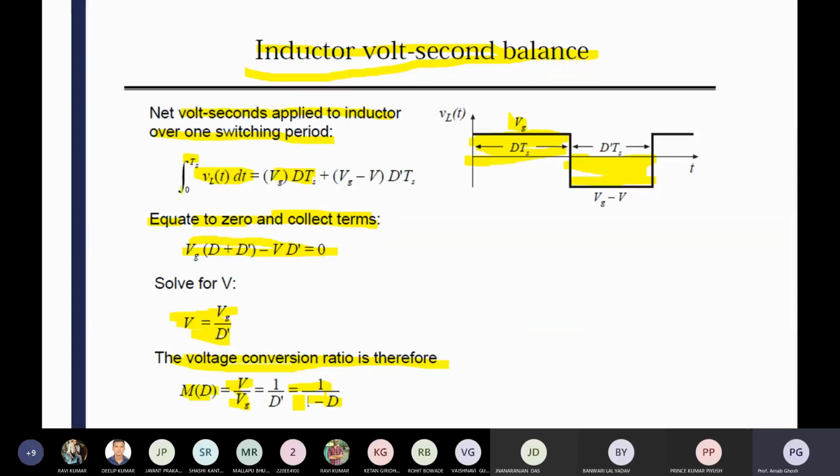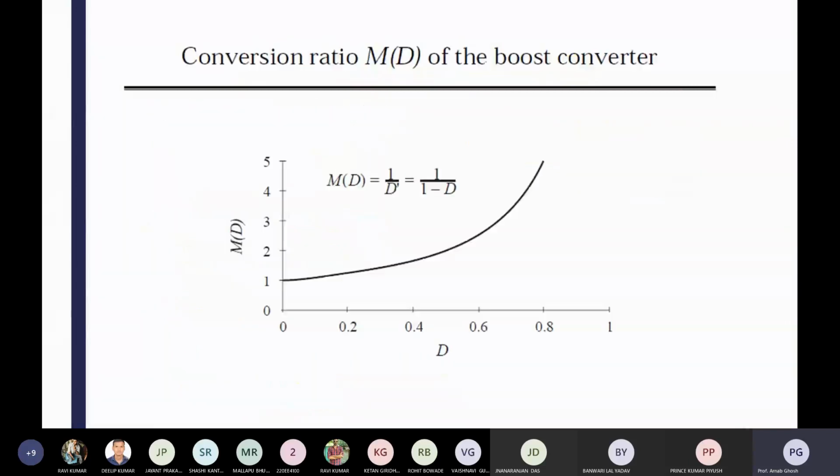In d value, initially you make it 0 to 1. So 0 means the gain value will be 1, and 1 means it is infinite. So it starts from 1, then gradually increases up to infinite, but practically that's not possible, so it's a very high value. So that curve is there.